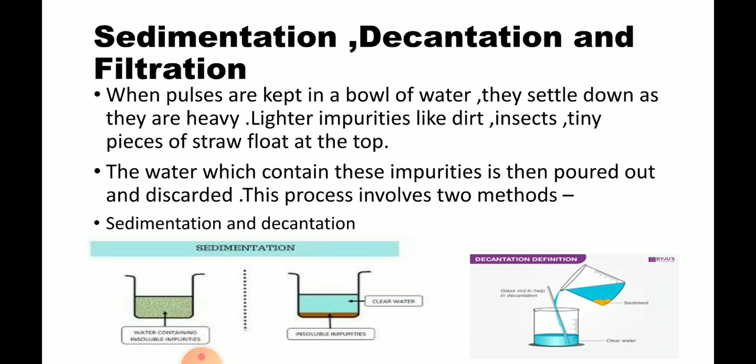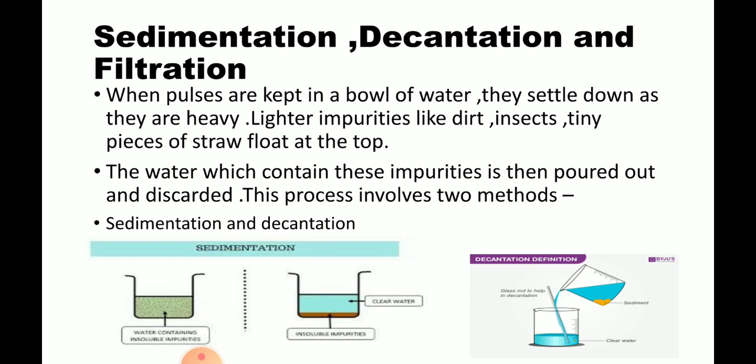Now if you see what happened there, we notice that dal or chawal settled at the bottom and the lighter impurities come up. So this settling down of heavier particles when mixed with water is called sedimentation.